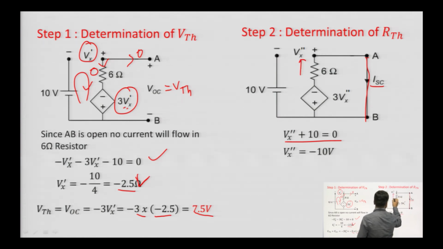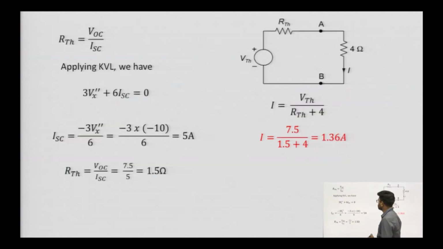So, the voltage across this will also be equal to 0. If it is 0 volt, then Vx double dash plus 10 will be equal to 0, and Vx double dash will be equal to minus 10 volt.